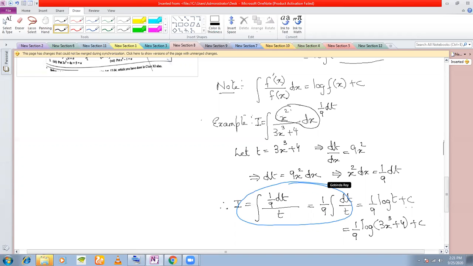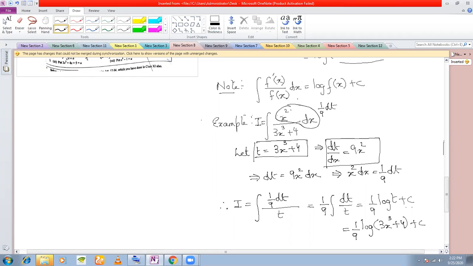Sir, these steps I haven't understood. The step circled, sir. I know. Now see this. T is equal to 3x cube plus 4. You understood? We differentiate this to get dt dx is equal to 9x square.